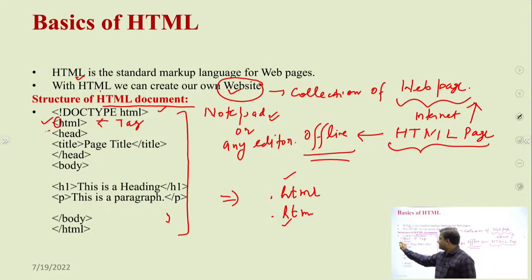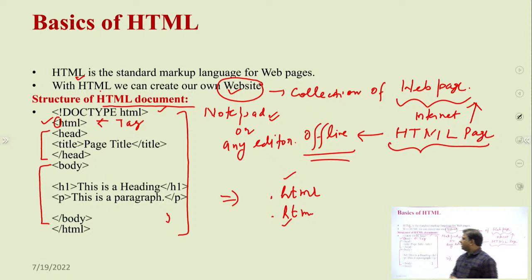One is the head section and the second is the body section, right. So every HTML document has two parts, one is the head and the second is the body. Now what does the head contain? Again the head is a tag, and this head tag contains the title tag, where we write the title of our web page or HTML page, and then we close this tag.